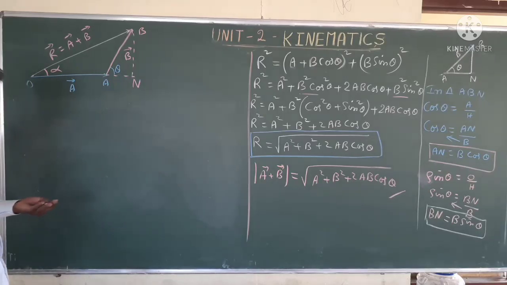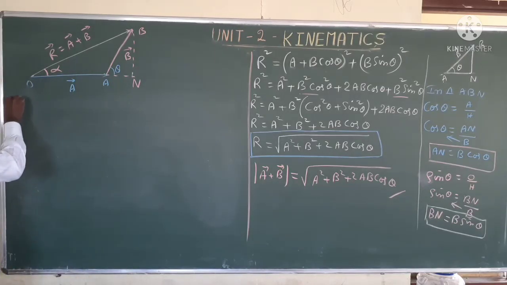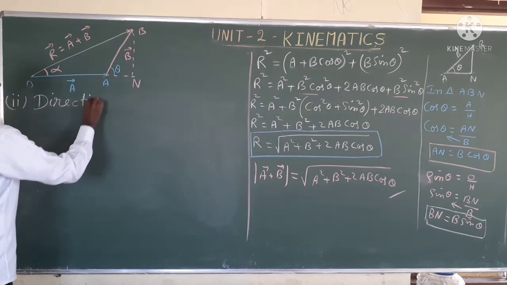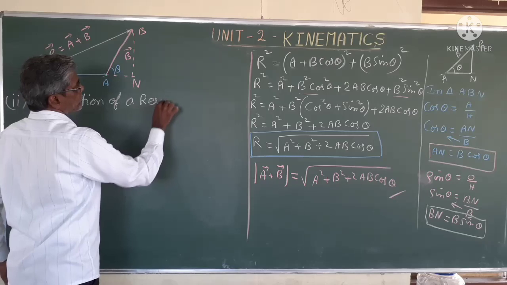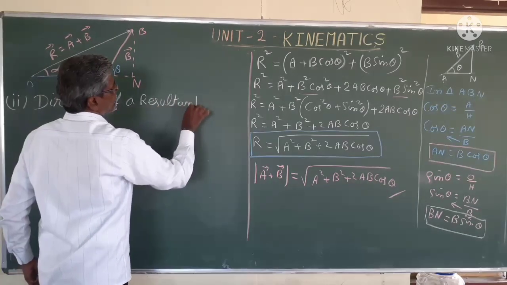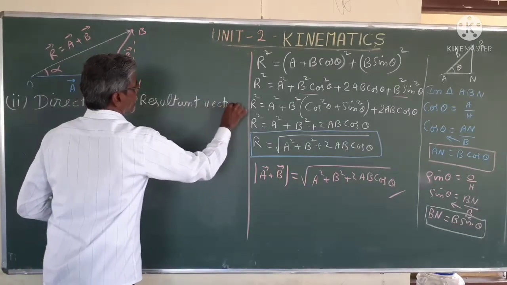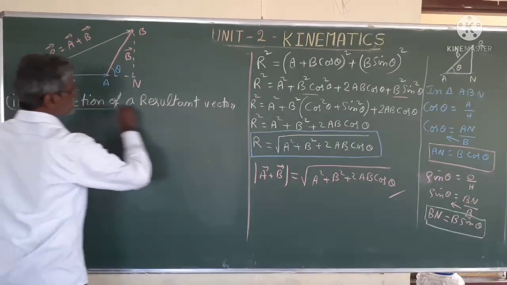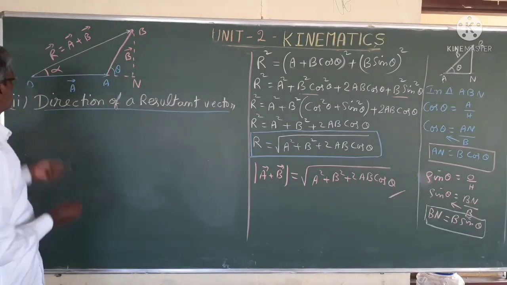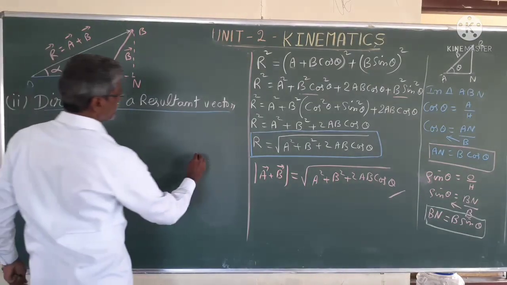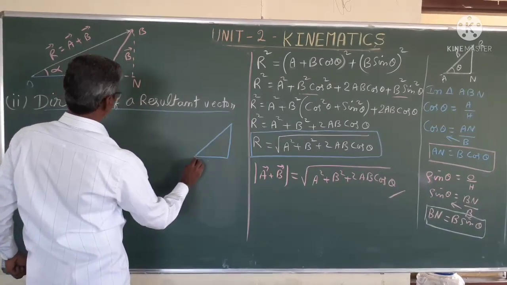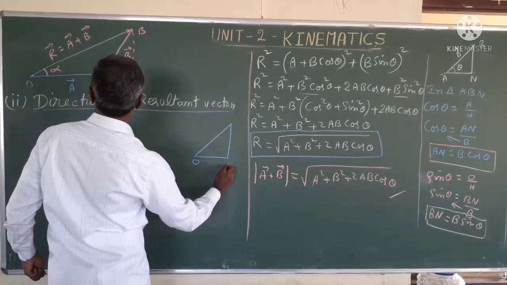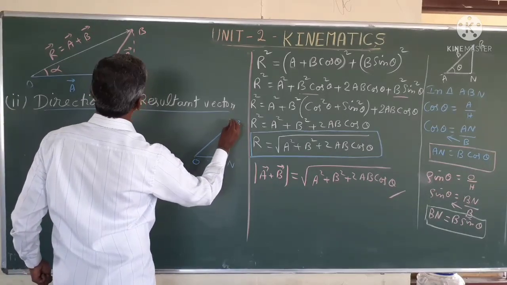Next we will calculate the direction of the resultant vector. Now we take this triangle OBN.